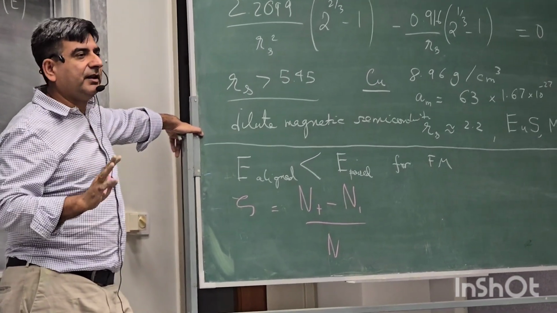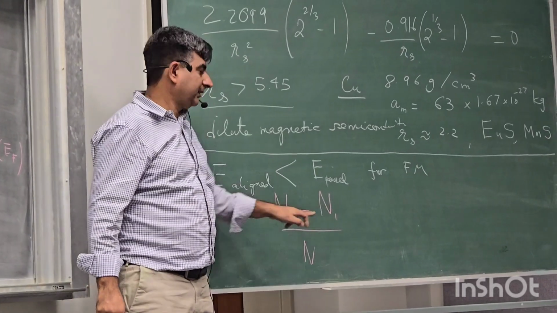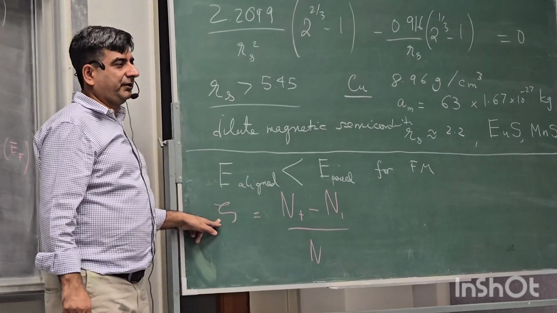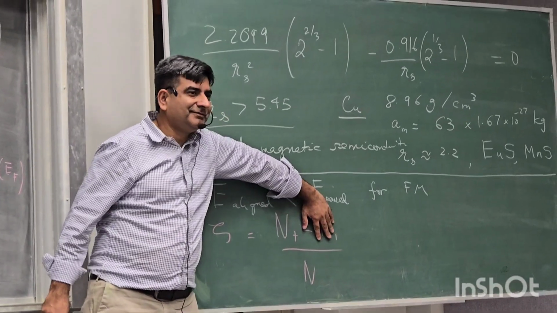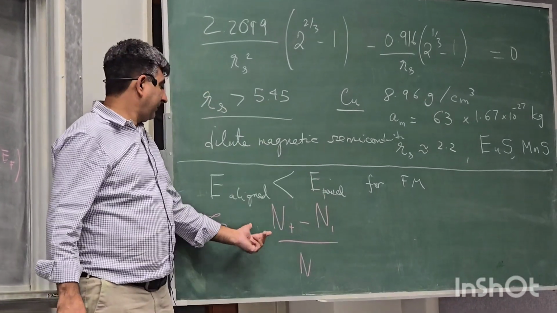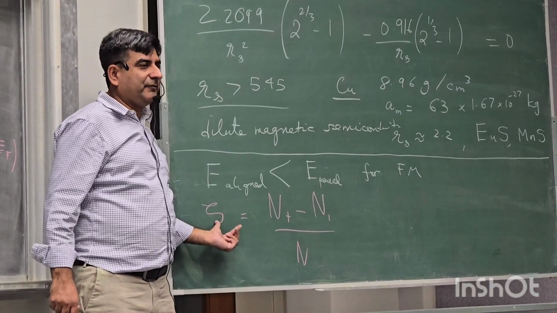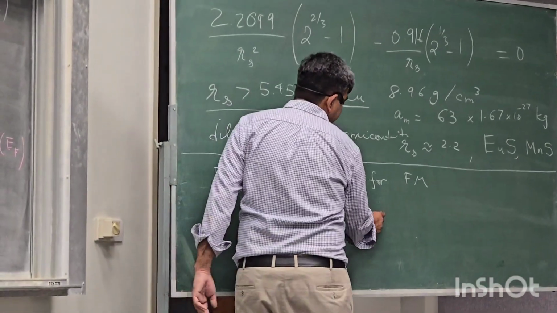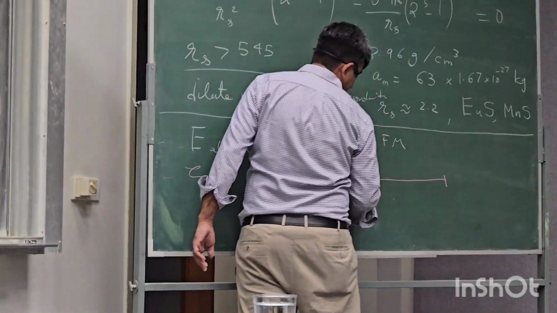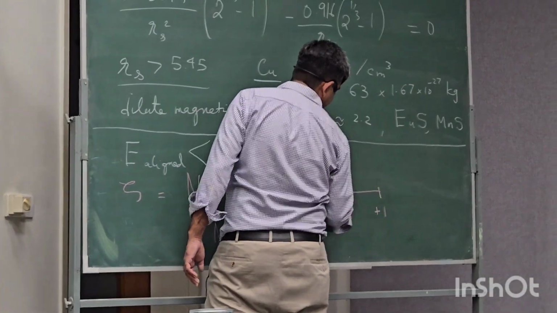If both are equal, then this factor is 0. If all the spins are spin up, then this becomes equal to 1. If all the spins are spin down, this factor is minus 1. So this is a factor that ranges from minus 1 to plus 1.